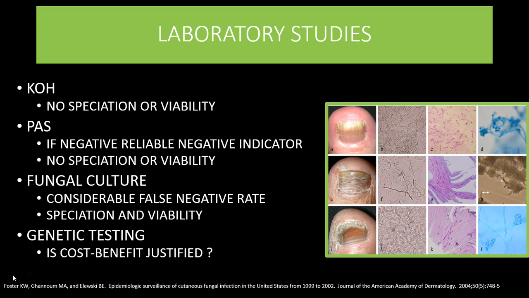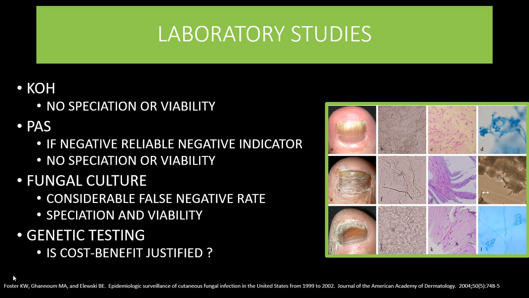PAS studies are very cost effective. They have tremendous reliability in terms of false negatives. So a negative PAS study is a very helpful indicator that the nail changes are likely not onychomycosis associated.